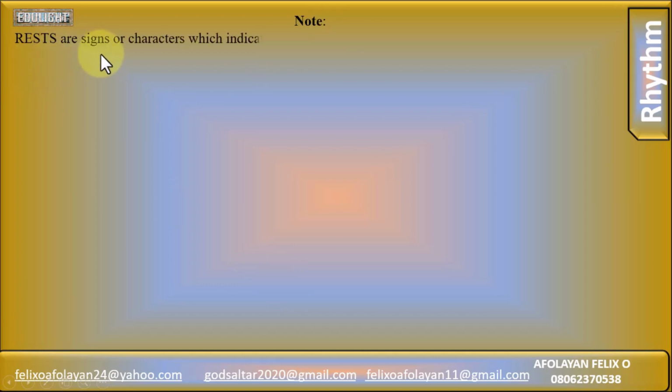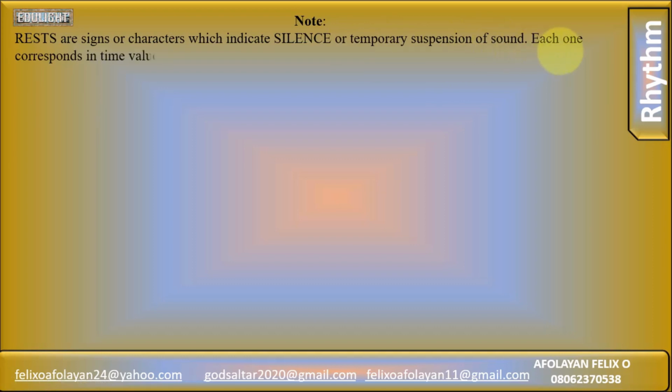Rests are signs or characters which indicate silence or temporary suspension of sound, as we earlier discussed.